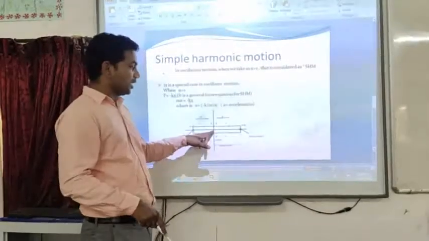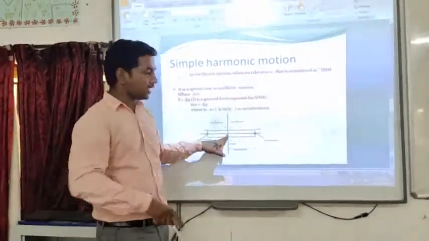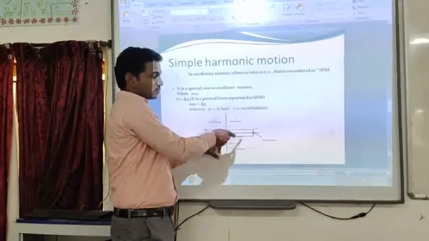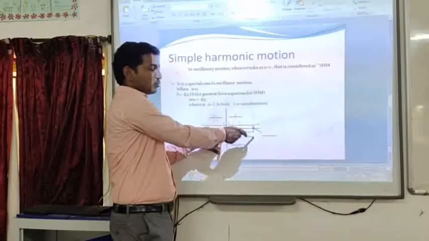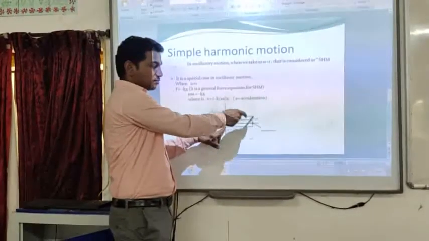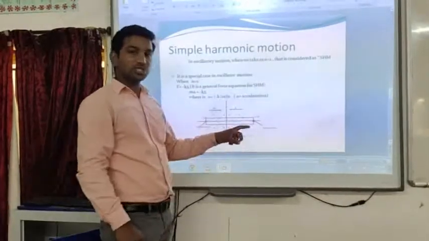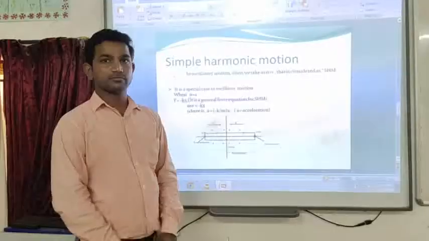At this extreme position, the displacement x is more and acceleration is more, while velocity is 0. At which position is the velocity 0?